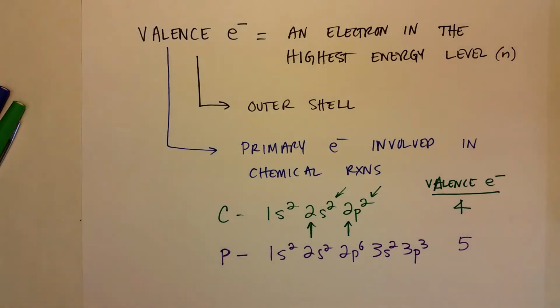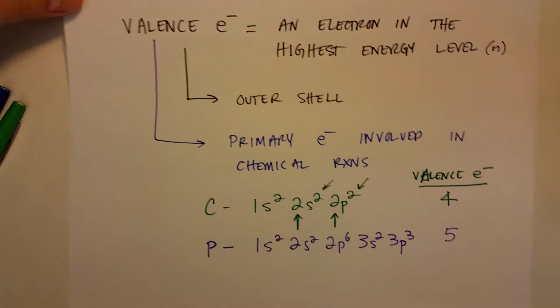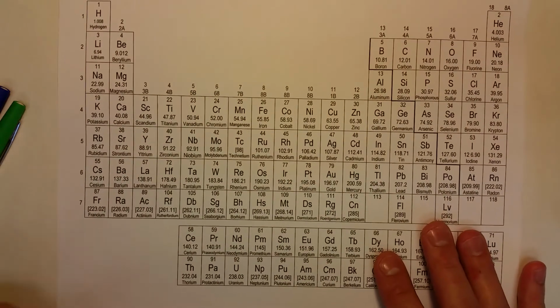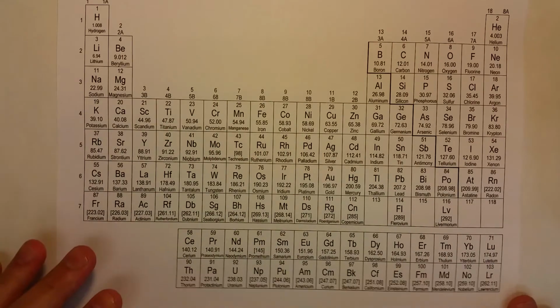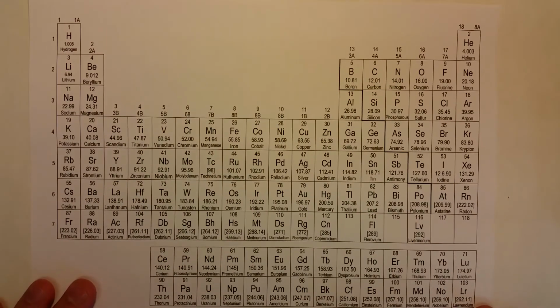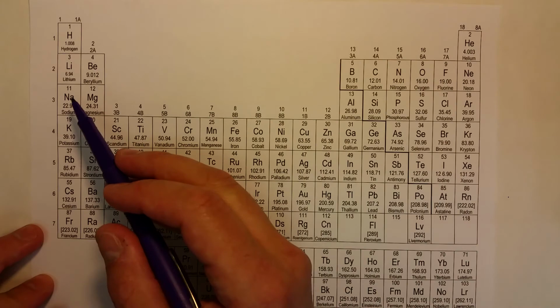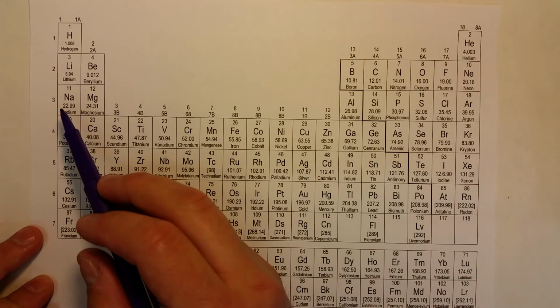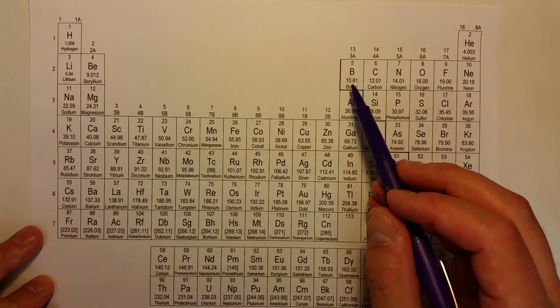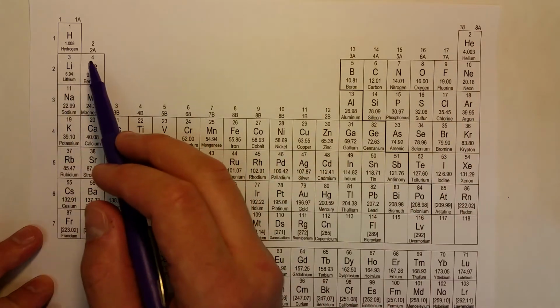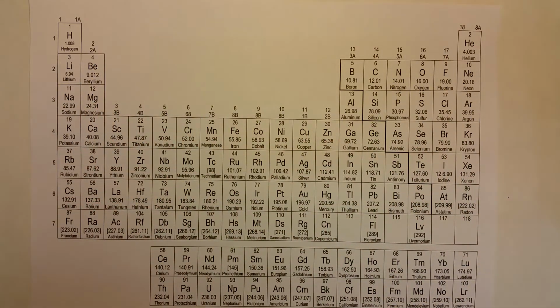In addition to using electron configurations to show us how many valence electrons a particular atom has, it's also very easy to use the periodic table to give us that information, especially for the main group elements, the elements in groups 1, 2, and 13 through 18, or 1A through 8A.